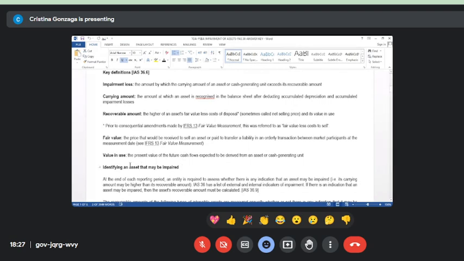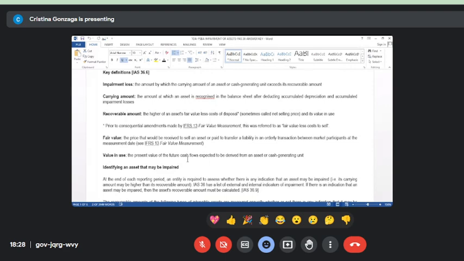So sabi natin, ang value in use is the present value of the future cash flows. Question, how many years would be the future cash flows? Hindi lang isang taon. Pag sinabi natin in accounting, future cash flows, particularly in financial accounting, it should be the future cash flows of at least 5 years.